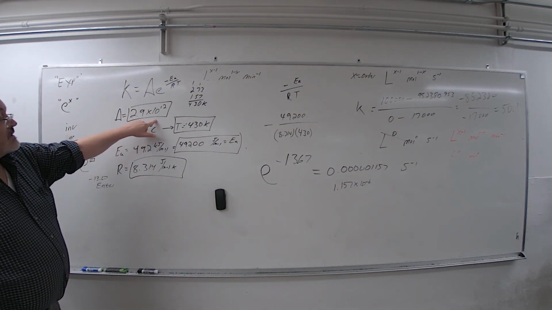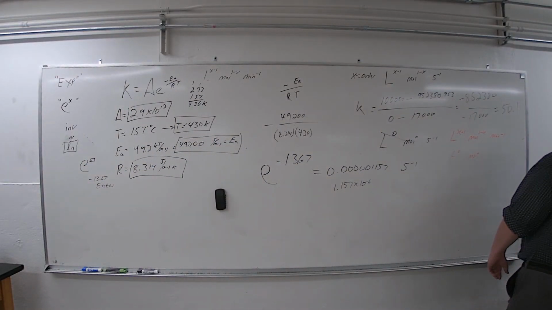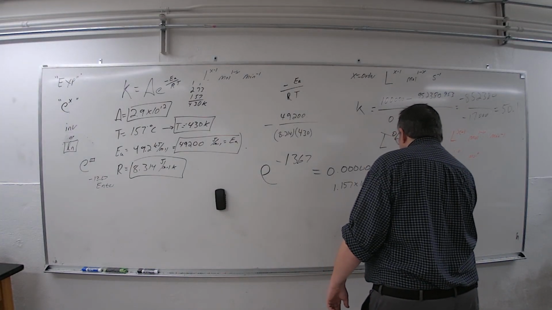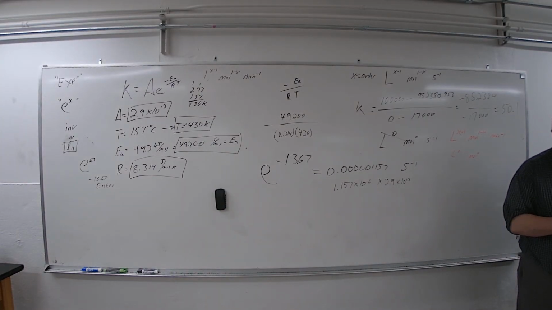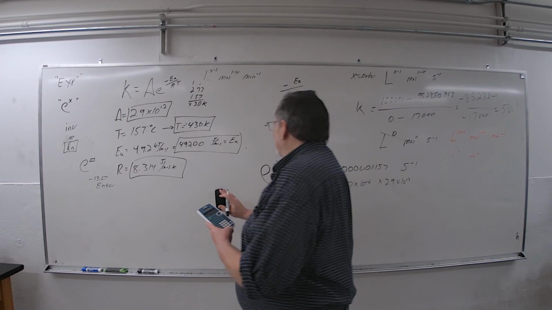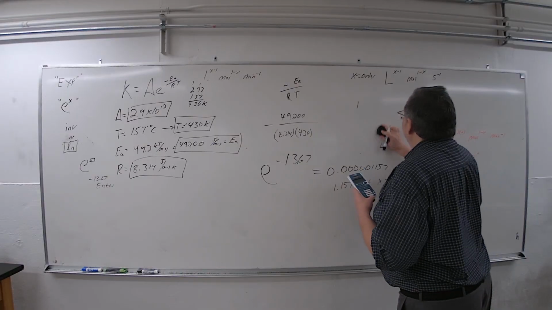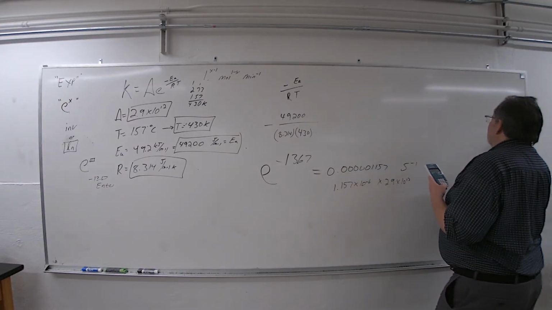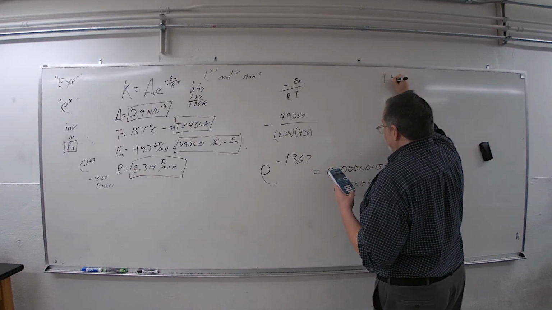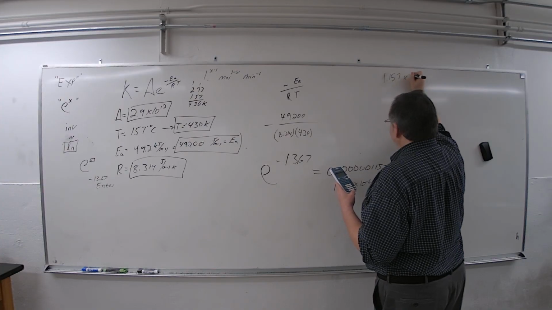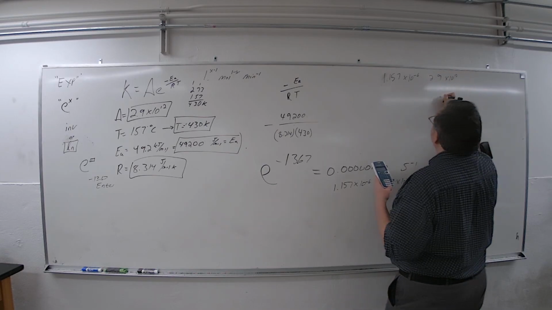So multiply by 2.9 times 10 to the 12. 1.157 times 10 to the negative 6 times 2.9 times 10 to the 12.